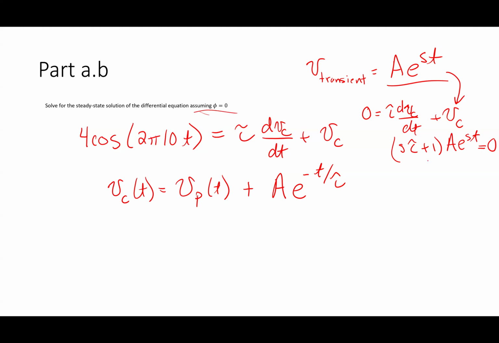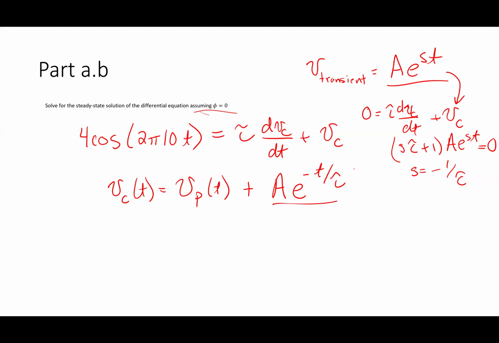And then what do I know S has to be? Negative 1 over tau, right? I'm telling you guys not to skip steps, and here I go doing it. Yeah, because I've done it a lot of times. You haven't, so you shouldn't skip steps. All right. So I get S equals negative 1 over tau. So that tells me that my transient response looks like that. Tau in this case is 1 second.